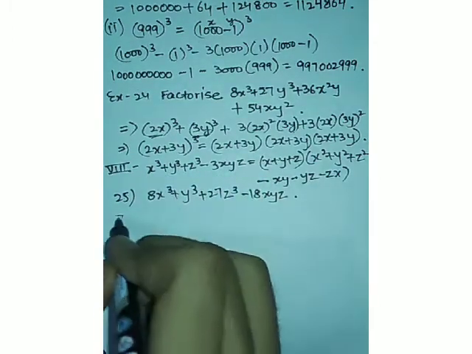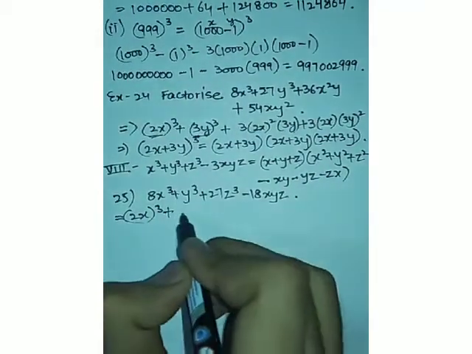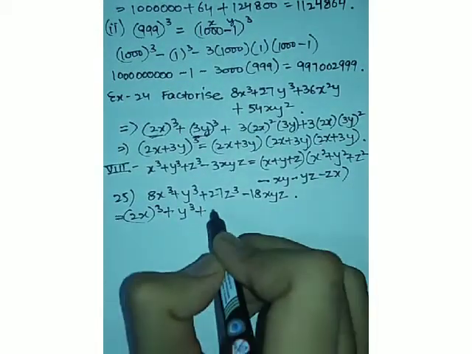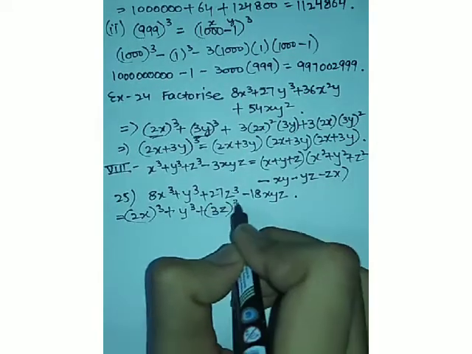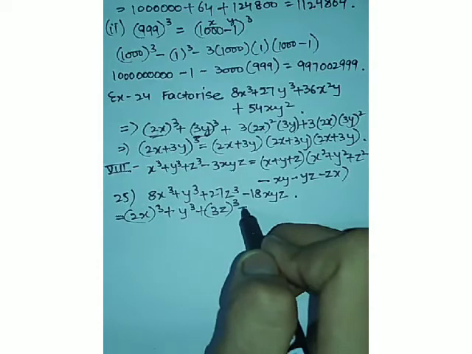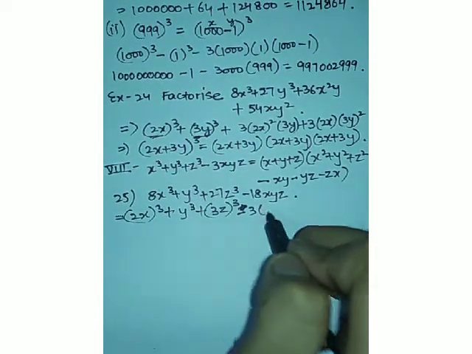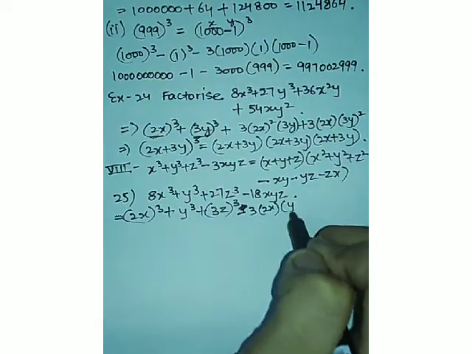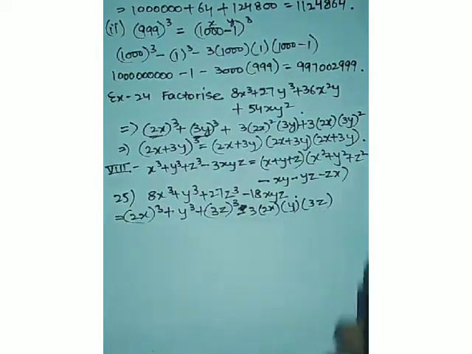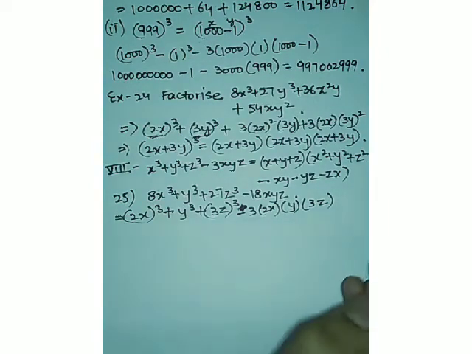X cube means 2x cube, right? Y cube means y cube, z cube means 3z cube, and this is x, this is y, this is z. So plus of minus of 3, what is x, 2x, what is y, and what is z, that is 3z, right? So this is left hand side, so just equate it to the right hand side.